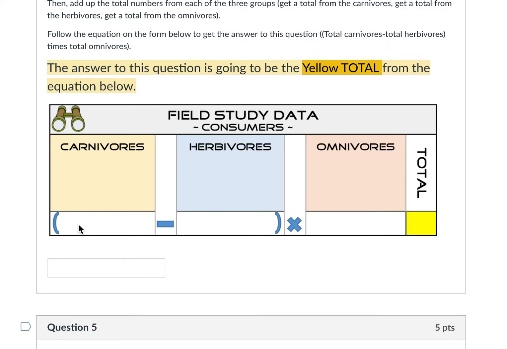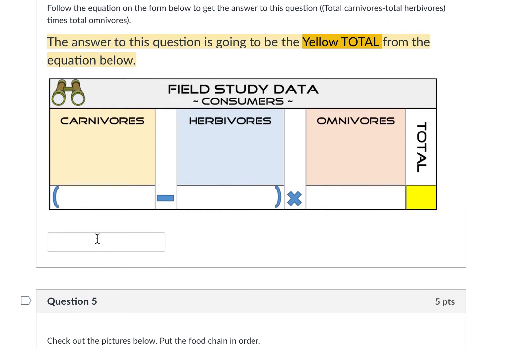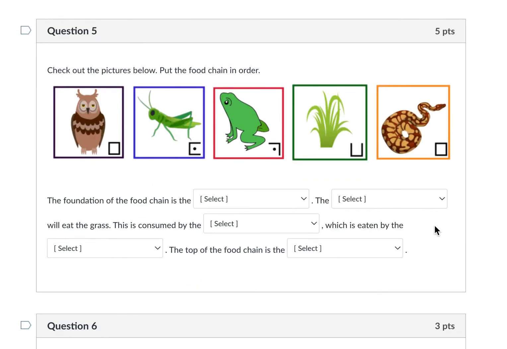So you're going to bring that total right here, and a total for the herbivores and a total for the omnivores. And then you're going to do a little mathy equation. You're going to subtract the total of the carnivores minus the herbivores, and then multiply it towards the omnivores, and you'll get a total answer, and you'll write that answer here.